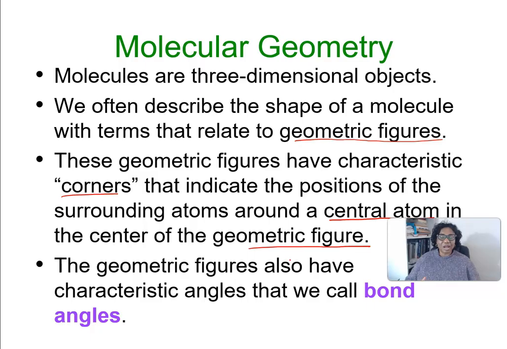So you have a molecule, you look at its geometry, and look at the central atom, and look at the electrons or the molecules that are around the central atom. The geometric figures also have a characteristic angle, and we're going to call that the bond angles.